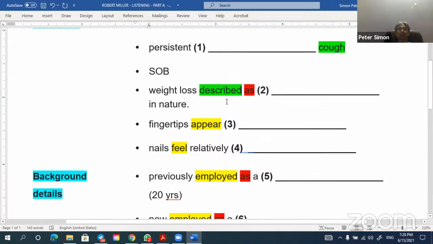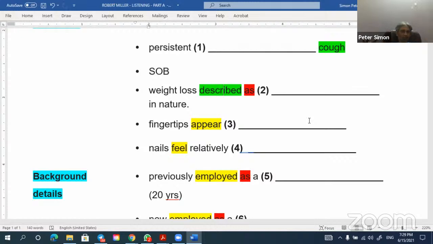This is going to help you with the answer. Weight loss described as. So, description. Description means adjective. Whenever it is written "described as," it means it is an adjective.